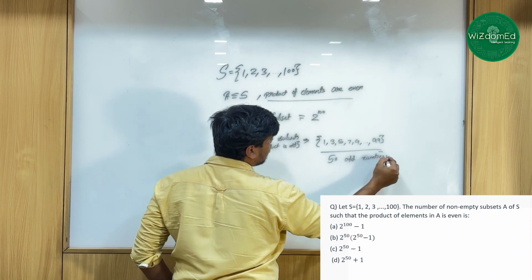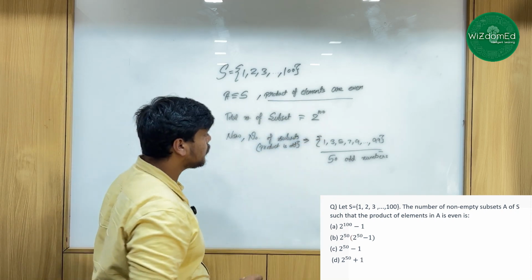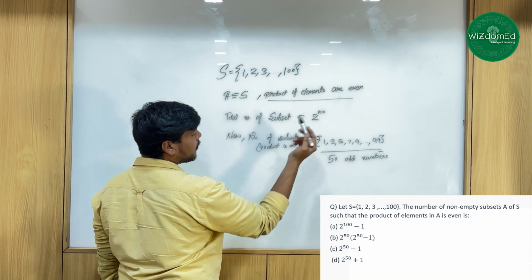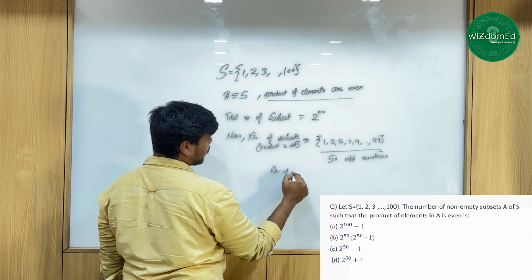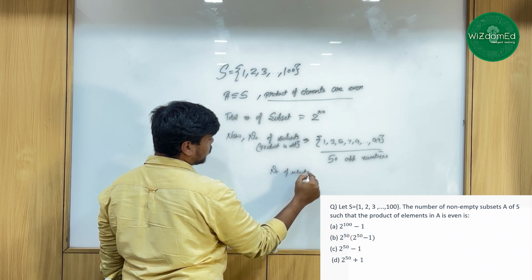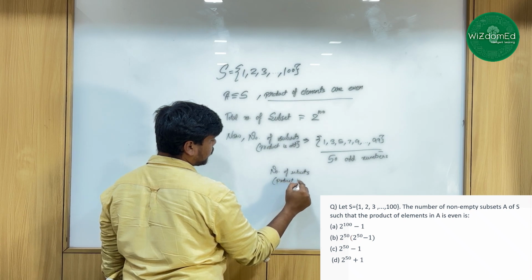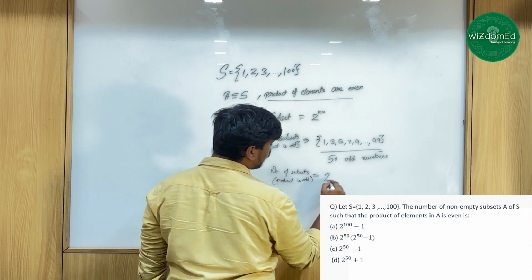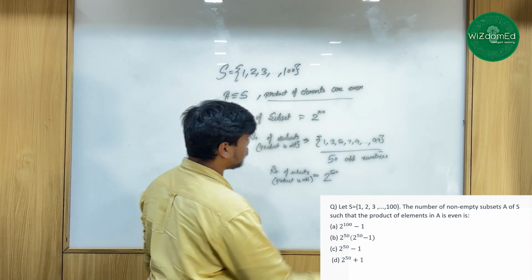Now if I take a subset out of these 50 odd numbers and I find the product of those elements, I would get it as odd. So the number of subsets whose product is odd would be equal to 2 power 50 because of these 50 odd numbers.